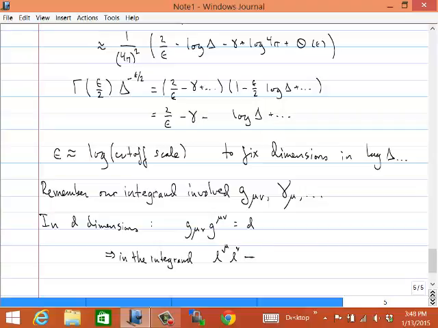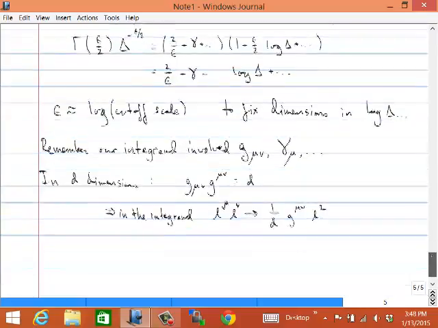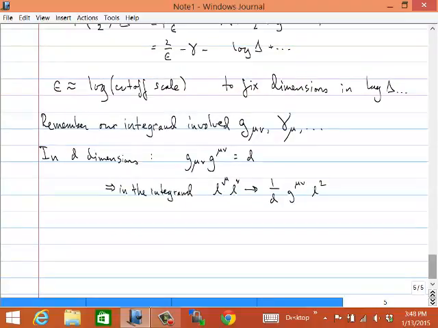In d dimensions, that has to be 1 over d times g mu nu times L squared. So that's one correction. In fact, that's going to be a crucial correction, which is going to cancel that quadratically divergent term that we found using the hard cutoff method. But more generally, when manipulating these gamma matrices, one should, in principle, be careful about various terms that depend on the dimension.